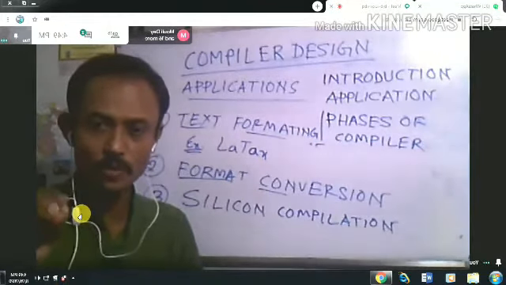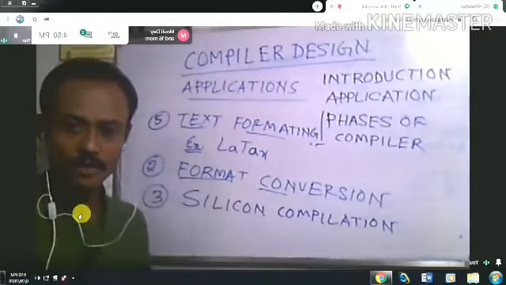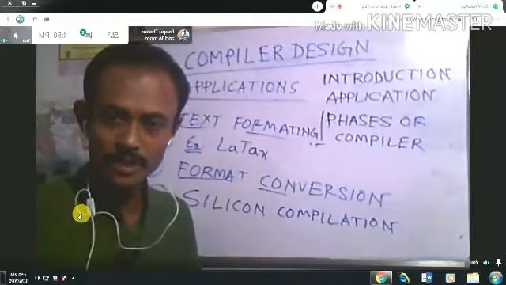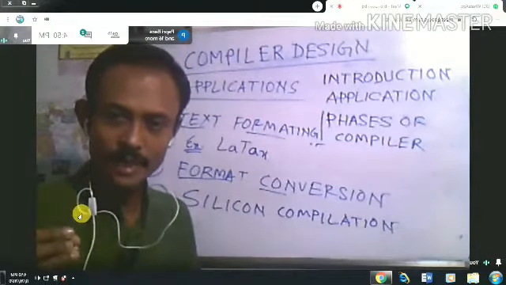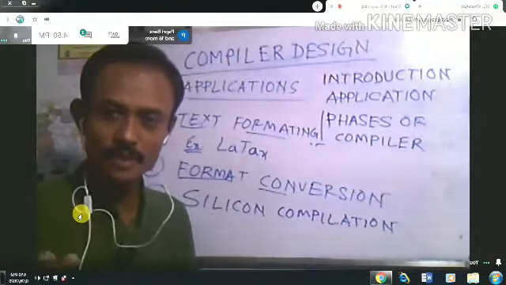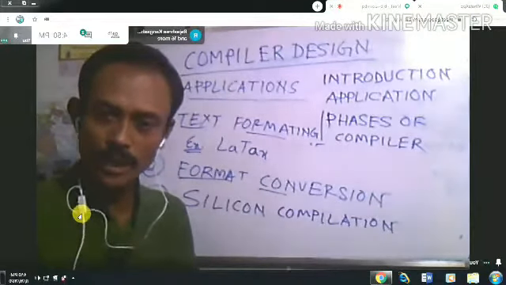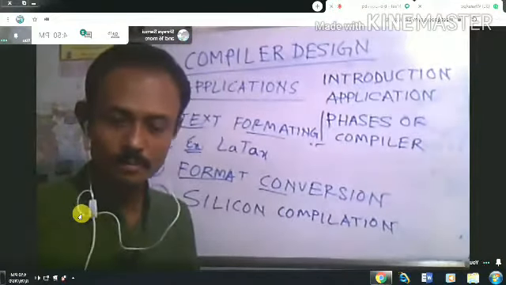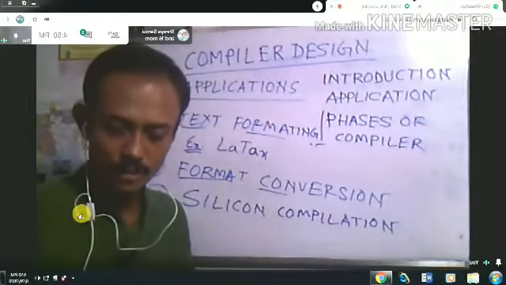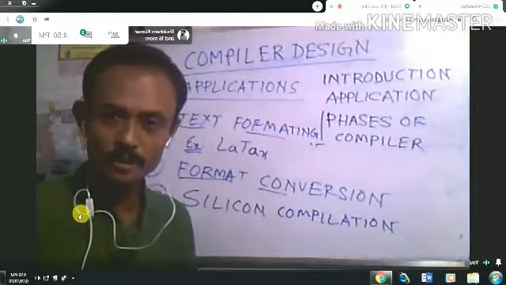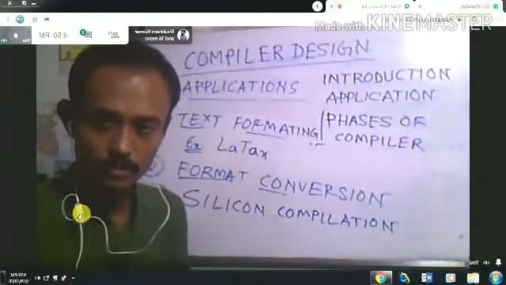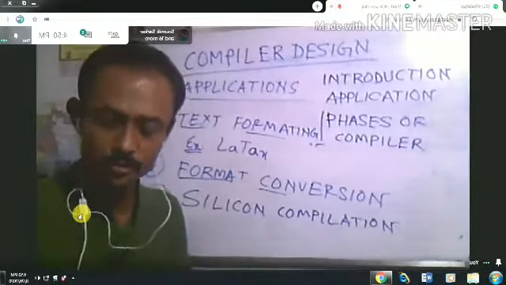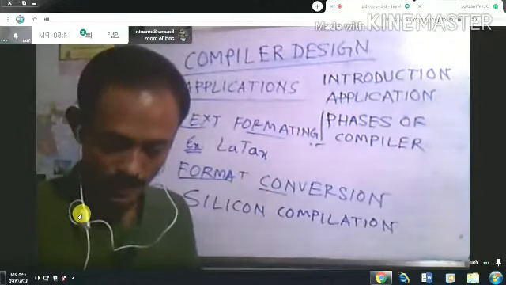It's not only about the C programming compiler, it's a very integrated part of the software industry. Without this concept, you cannot imagine the software industry. It's a very important domain in the software domain, and also in computer science and engineering.